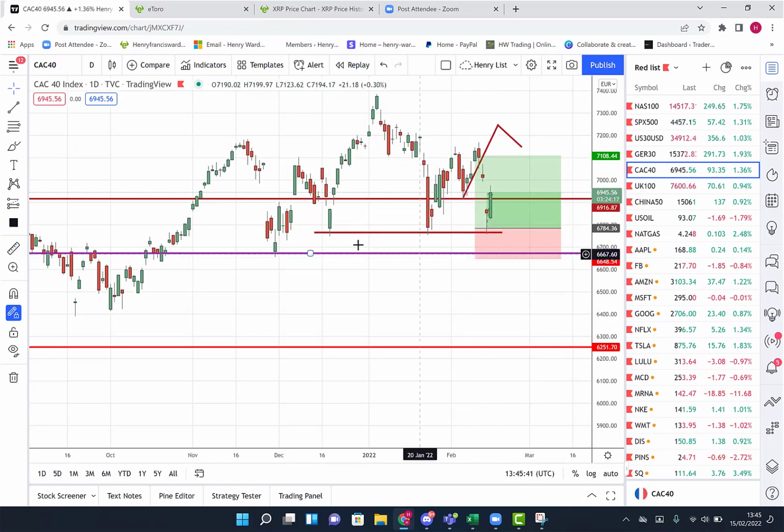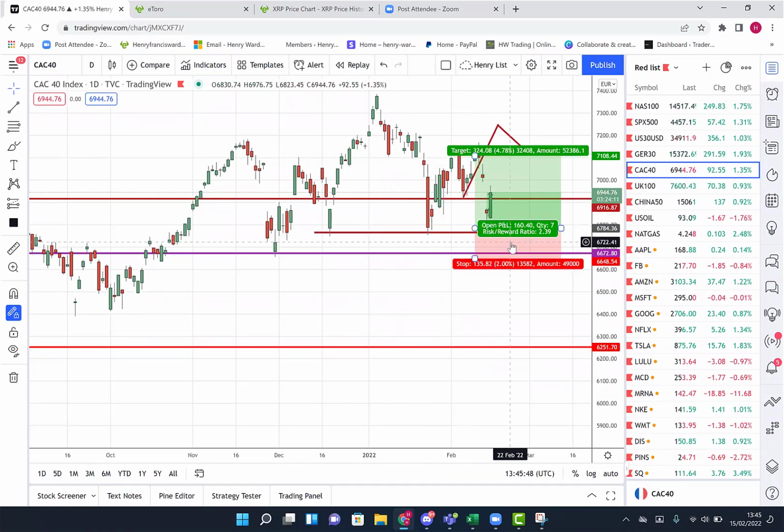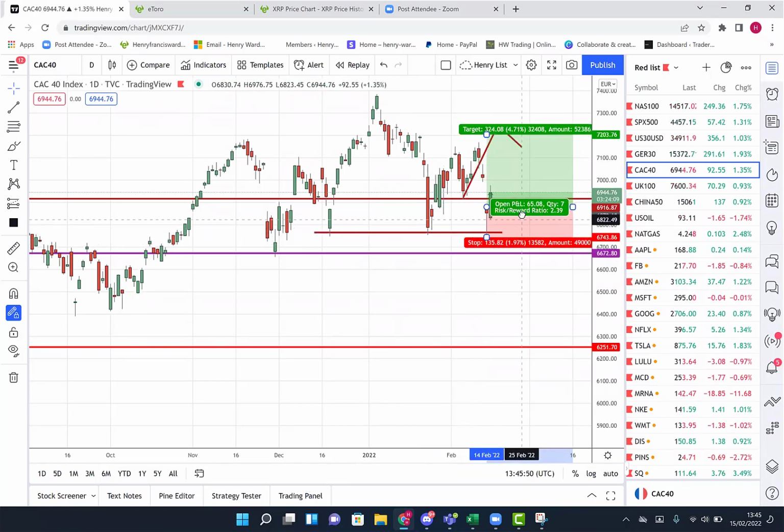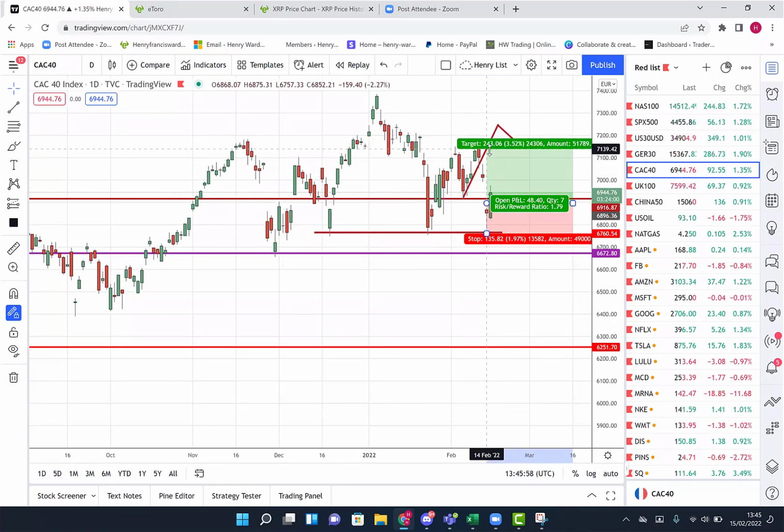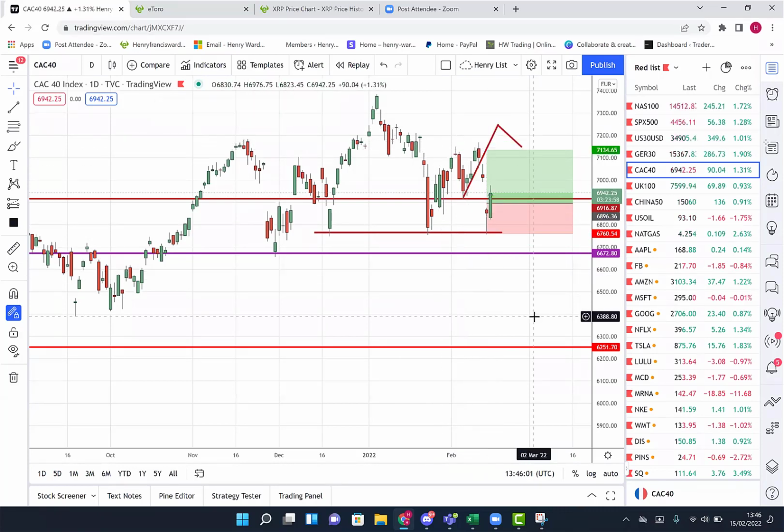Now, again, it depends on how aggressive you are on these, whether you took it as a limit order there, or what you could have done is you could have waited for a rejection on that there. You have a low test bar there, and there is the entry either.